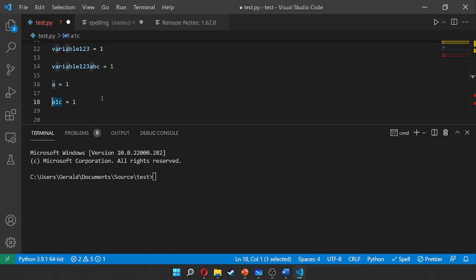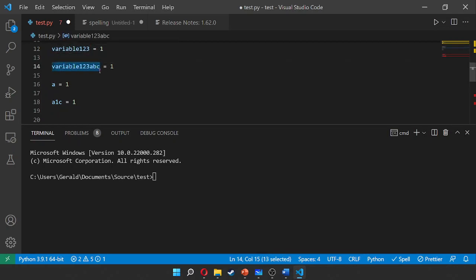So if we go back to our example, this line 16 is already okay, even without the following characters, because again, the subsequent characters are optional. The subsequent characters are alphanumeric. Here we have a letter variable, then the number 1 2 3.